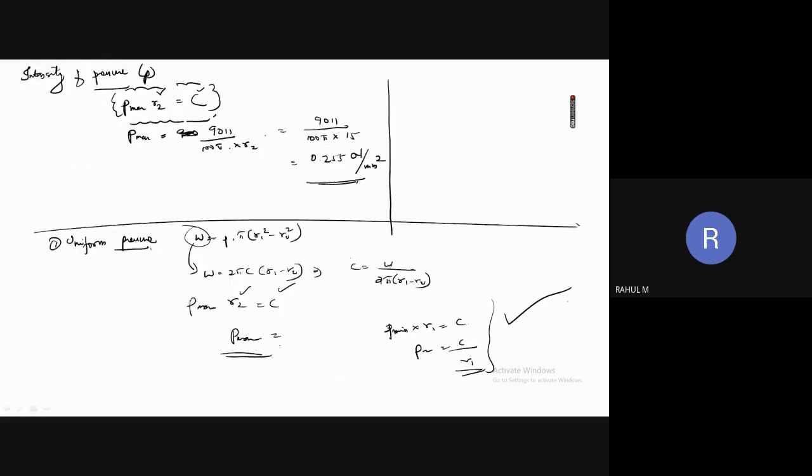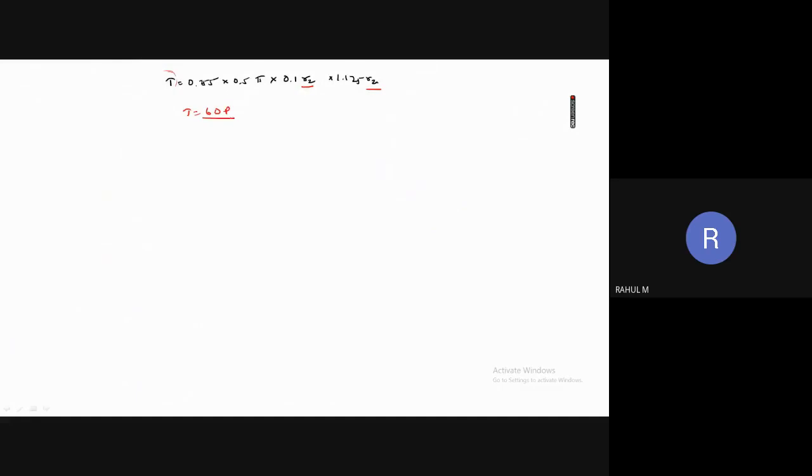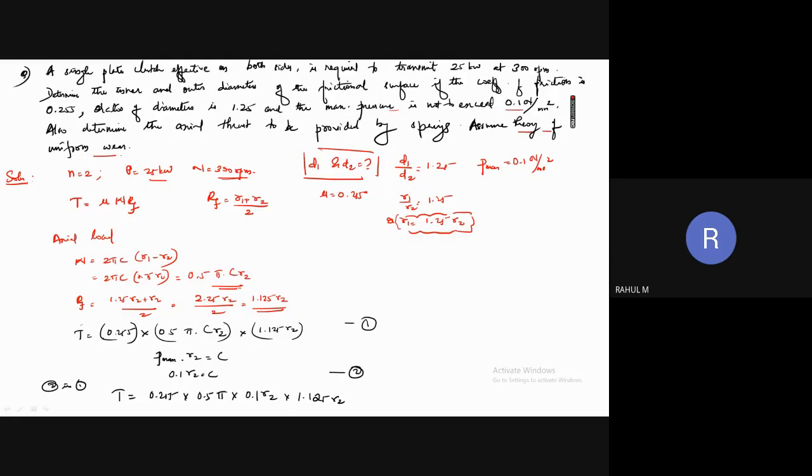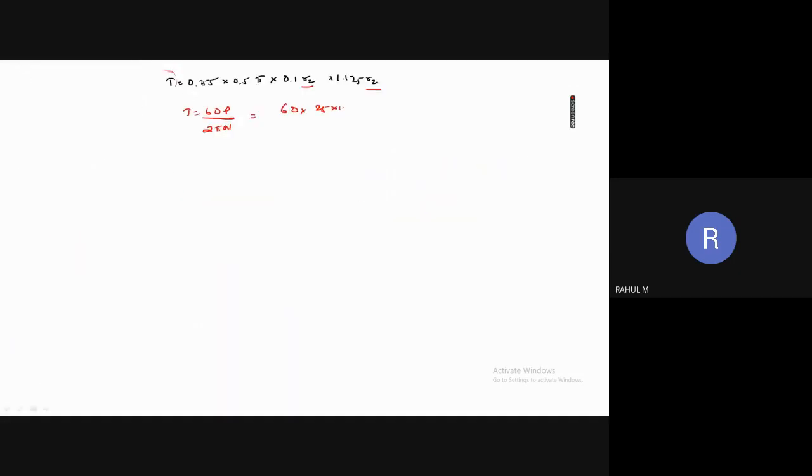So T is equal to 60P divided by 2 pi N. If you substitute that value, 60 into 25 into 10 to the power 3 divided by 2 pi into 300, you get the value of torque as 79.6 Newton meter, which is equal to 79600 Newton millimeter.